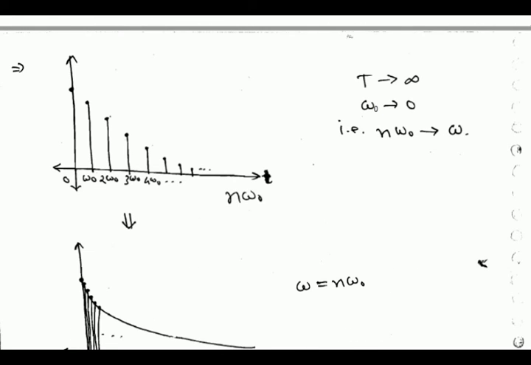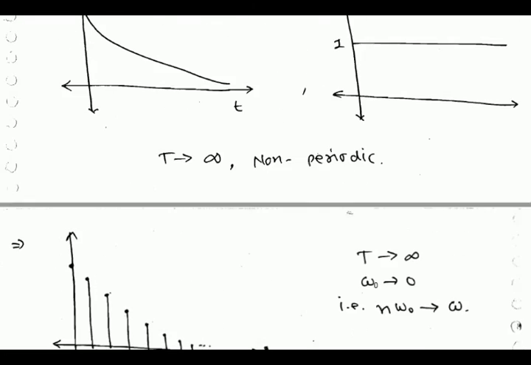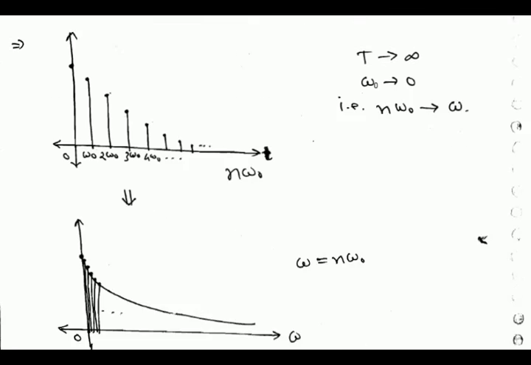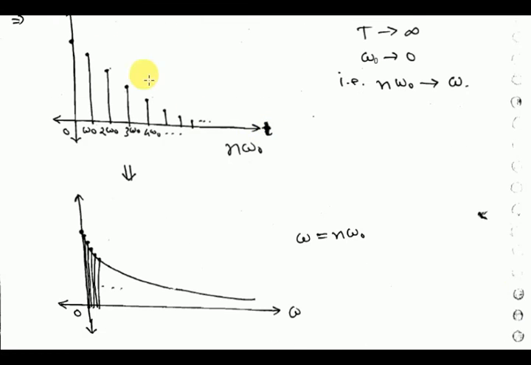Suppose some signal has a Fourier series spectrum like this. Now if the signal becomes non-periodic, meaning T tends to infinity, then omega naught tends to 0, then n omega naught tends to omega. Why?